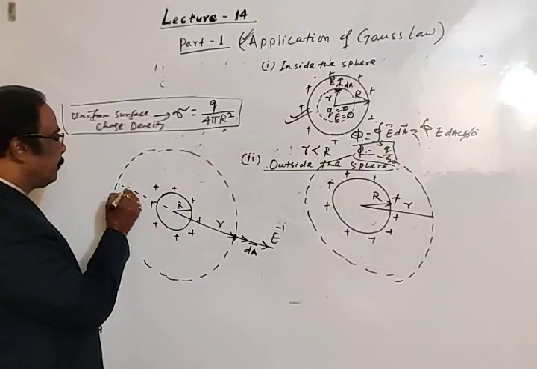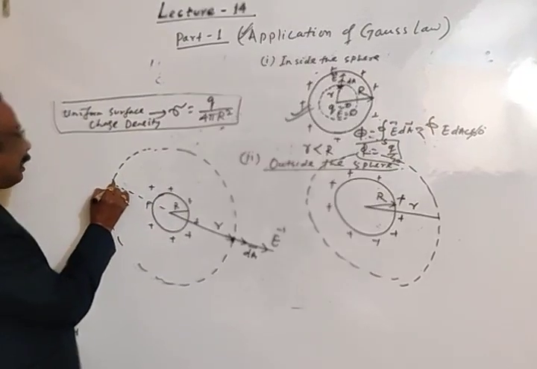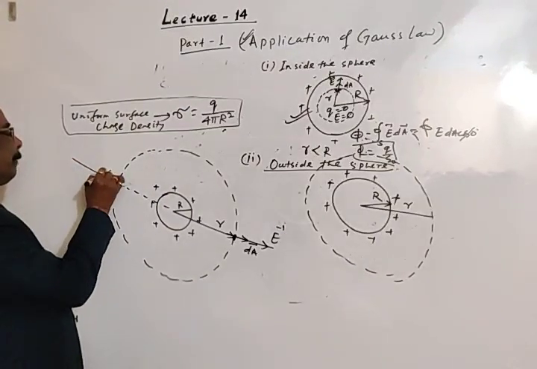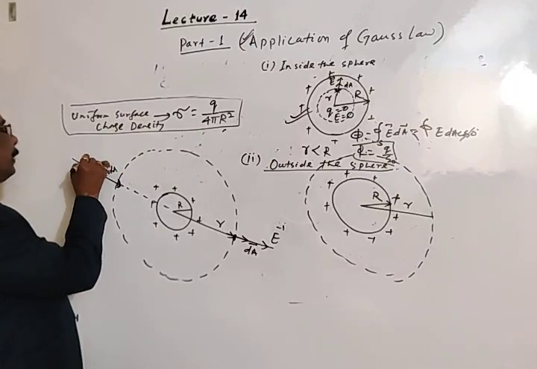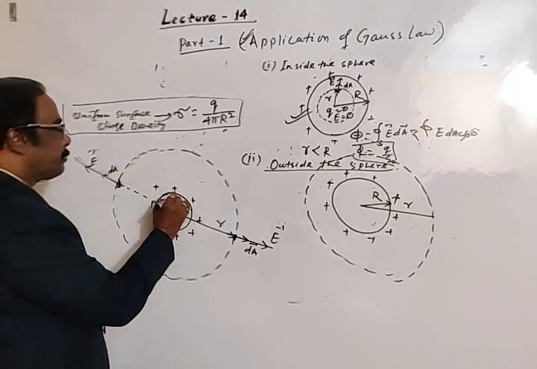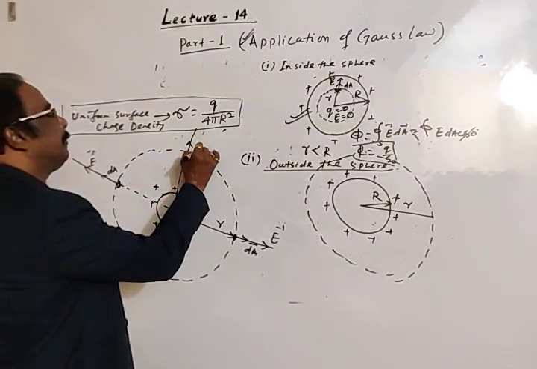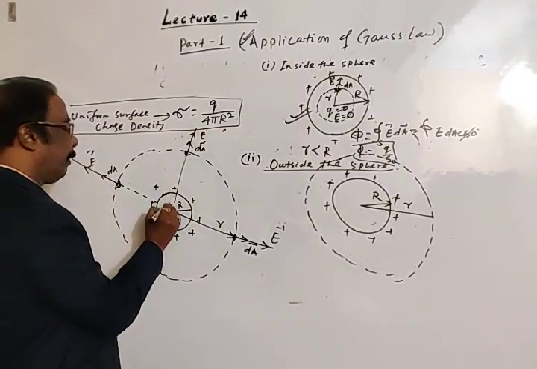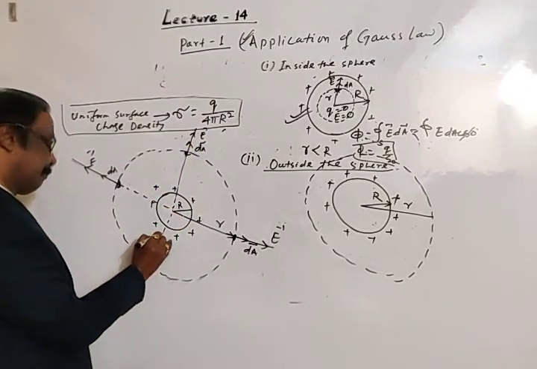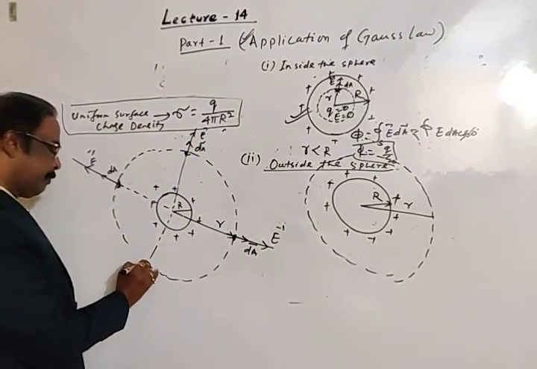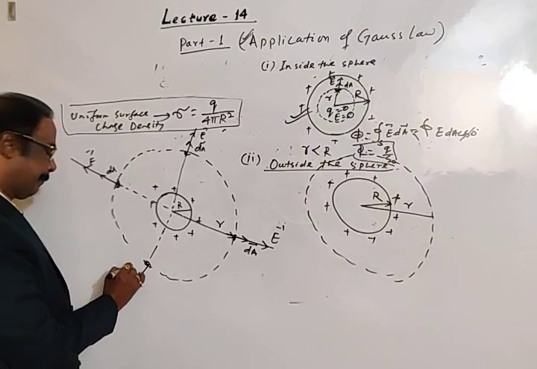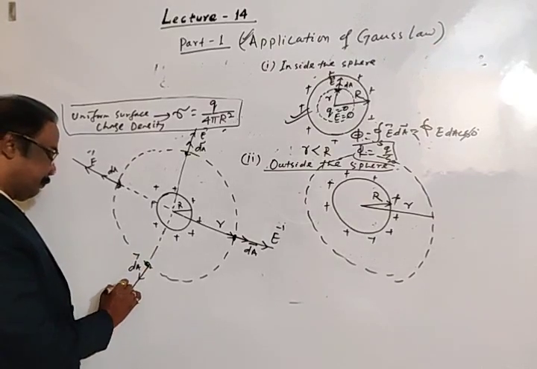Accordingly, you may imagine here also an elemental area dA, and this is the direction of the electric field in the radially outward direction. The same concept, dA and electric field. This is dA, and this is also the electric field.